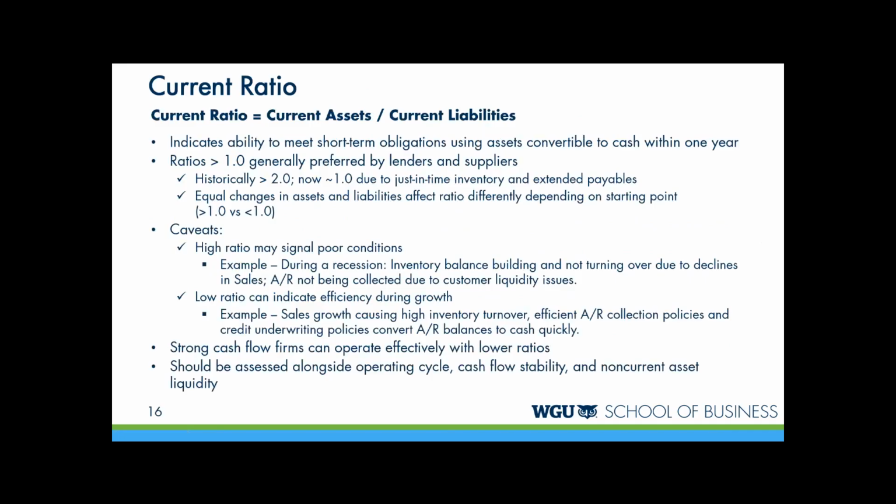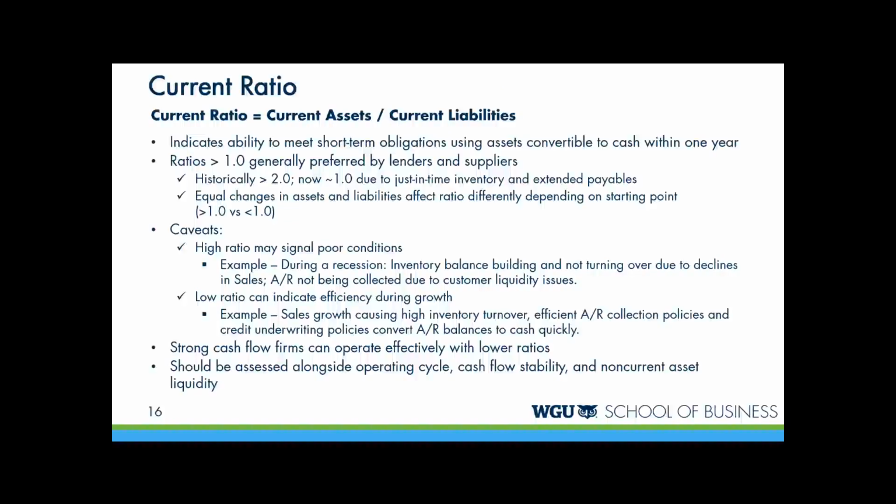And one of the things I mentioned was that an industry like software doesn't have high levels of physical inventory. So that's going to impact whether or not that part of the current assets is going to affect the quick ratio.